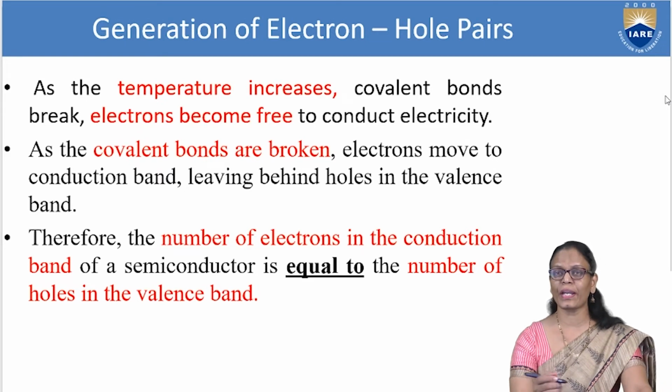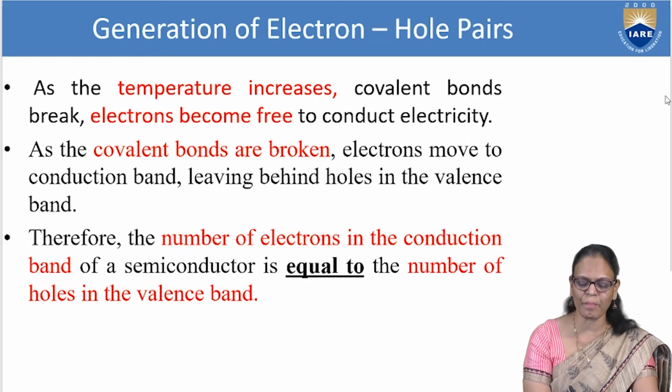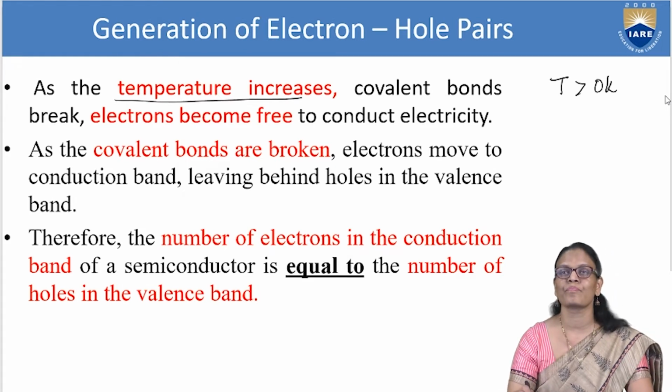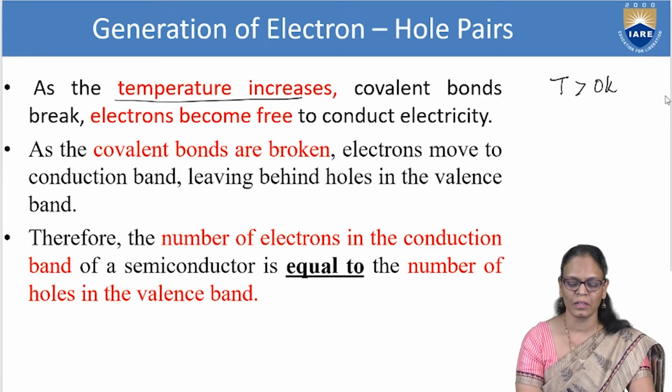Now, if you increase the temperature, that means T greater than 0 Kelvin, even at room temperature, some of the covalent bonds break. When bonds are breaking, the electrons become free.